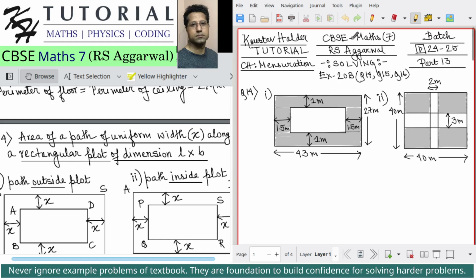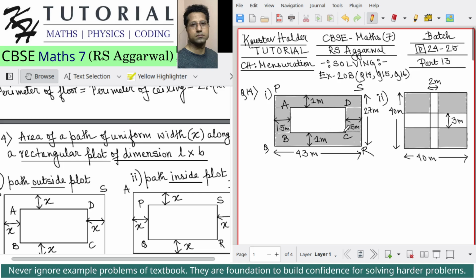So let's say for figure 1, the outer rectangle PQRS be the outer boundary of the shaded region, and let's say the inner boundary, that is the inner rectangle, be ABCD.